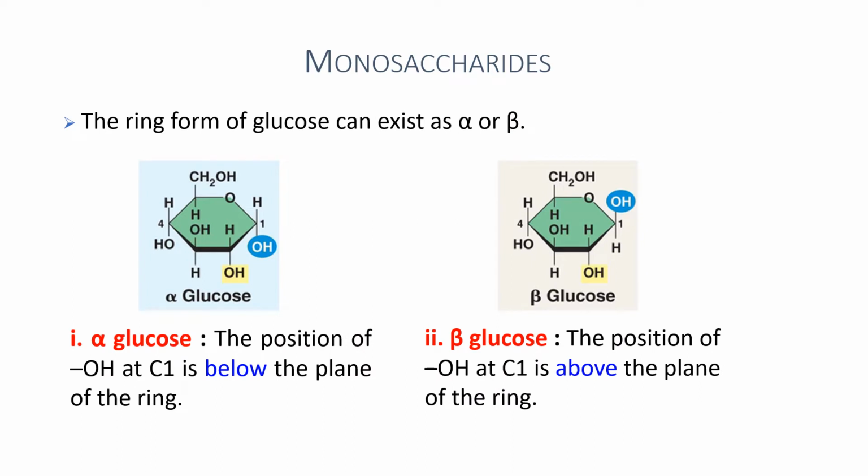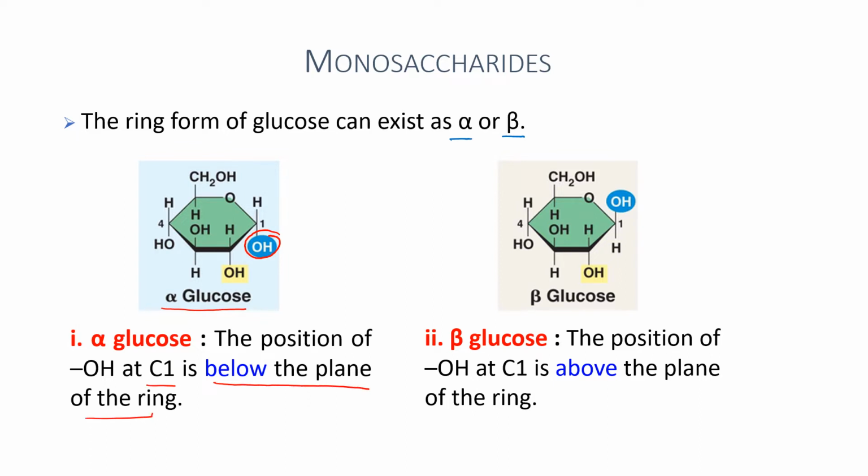Okay, so the next slide here shows you the ring form of glucose, and glucose can exist in two forms, either alpha glucose or beta glucose. For alpha glucose, the position of the hydroxy group at carbon number 1 is located below the plane of the ring.